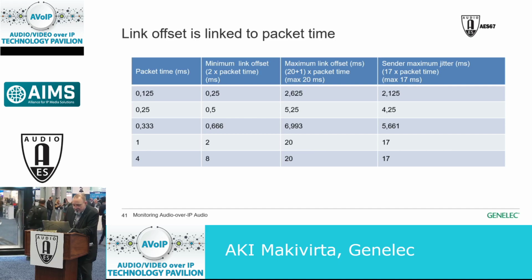For example, the standard requires that everybody implements 1 millisecond of packet time, so that the packet is able to accept 1 millisecond of audio that you can then send to the receiver. And this then implies a certain minimum link offset and maximum link offset in the network. So the offsets are related to the amount of time that must pass before you can take the audio out of the network and play it.